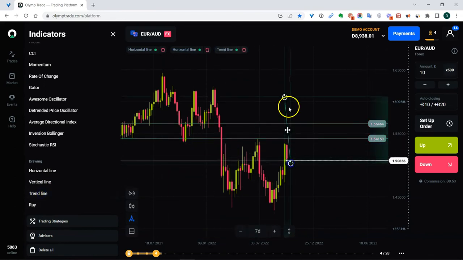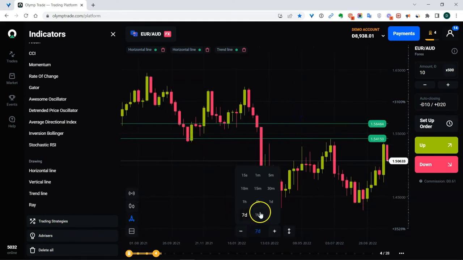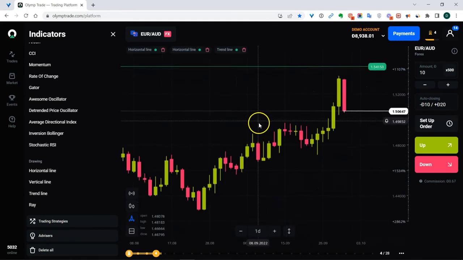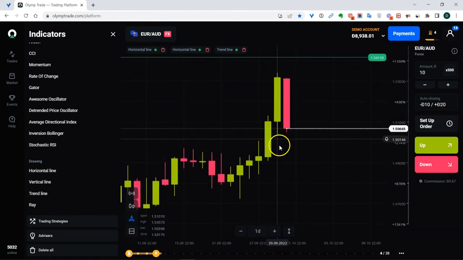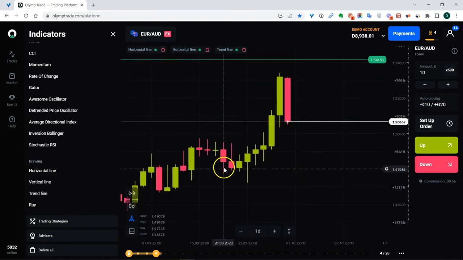So from here up towards this level, I'm even going to go down to the daily, and I can see that this candle is a possible retracement. Now, what does that mean?